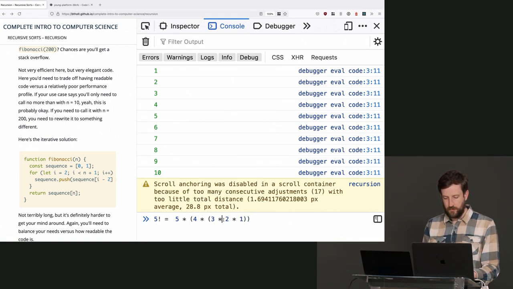And then 2 factorial is this. Does that make sense? So again, this would actually be even easier to write as an iterative solution, but I want you to write this in a recursive solution, where the factorial of 5 is 5 times the factorial of 4. And then the factorial of 1 is just defined to be 1.